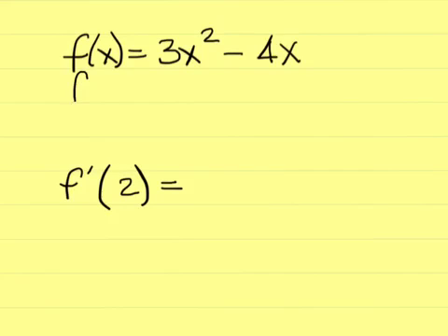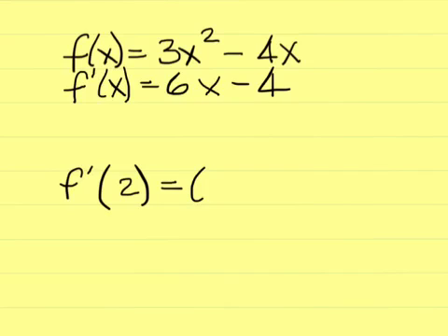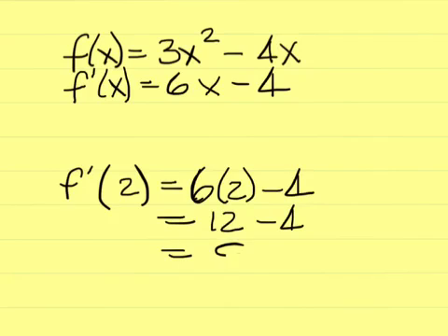The solution here: first we have to find f prime, the derivative, and that would be 6x minus 4. If you plug in 2, you'll have 6 times 2 minus 4, which is 12 minus 4. Answer is 8.